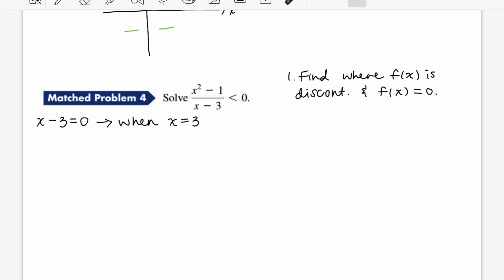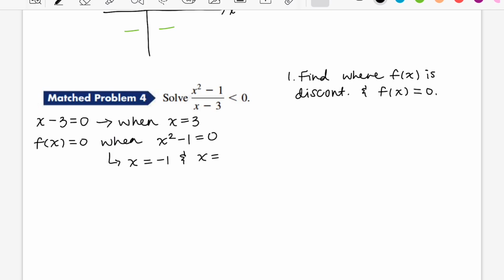We also have that our function will be equal to 0 when our numerator is equal to 0, so when x squared minus 1 is equal to 0. Our function is equal to 0 when x squared minus 1 is equal to 0, and this happens when x is equal to negative 1 and positive 1.